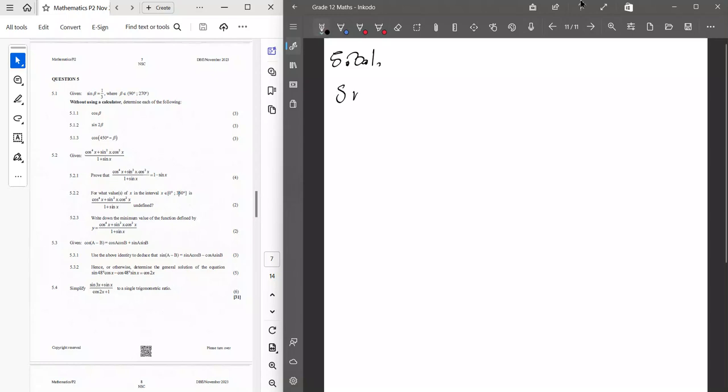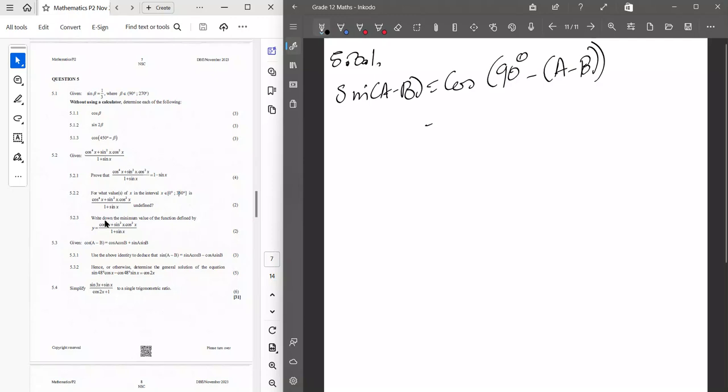So it'll be sine(A minus B) is equal to cos(90 degrees minus (A minus B)). Is that okay, guys? They gave us an instruction of cos, so we are good to go.